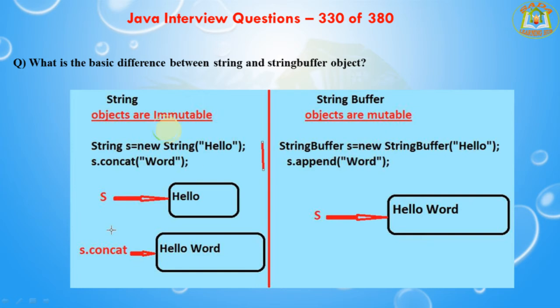String objects are immutable. Coming to string buffer objects, they are mutable. Whenever we create a string buffer object, it creates a memory reference, and whenever we append, it appends to the same memory reference. It doesn't create new references.